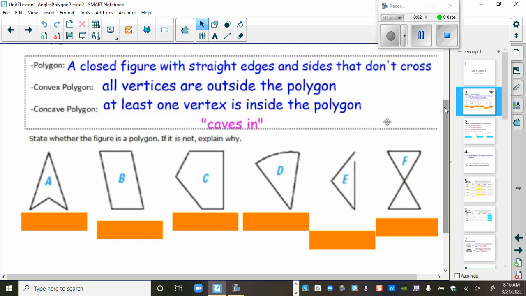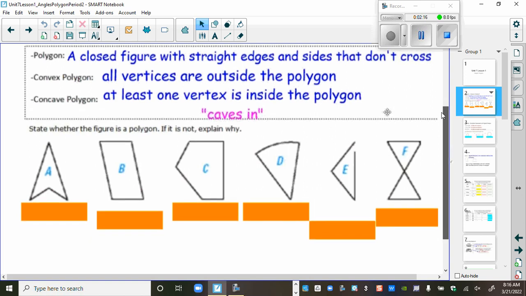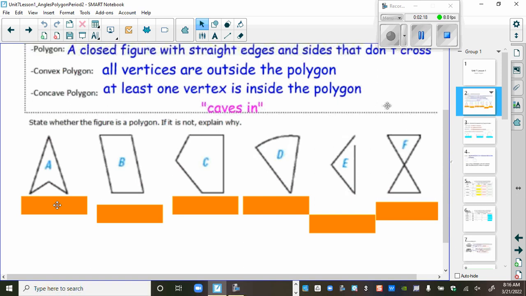So we look at these 6. We need to figure out, is it a polygon, yes or no? If it is, convex or concave? If it isn't, you tell us why. So, first one. Polygon, yes or no?